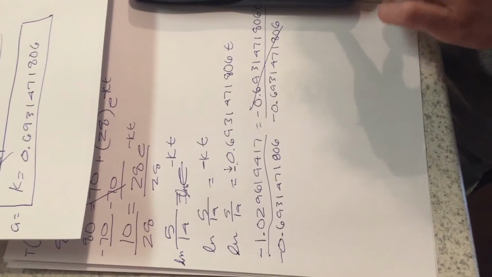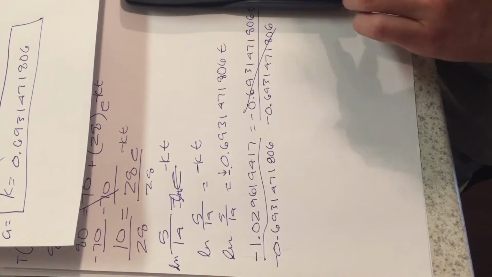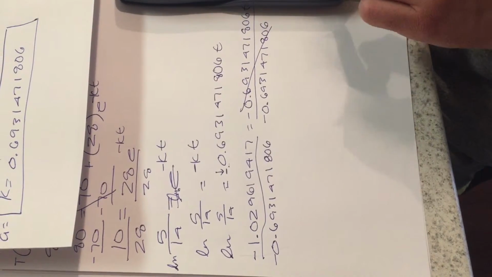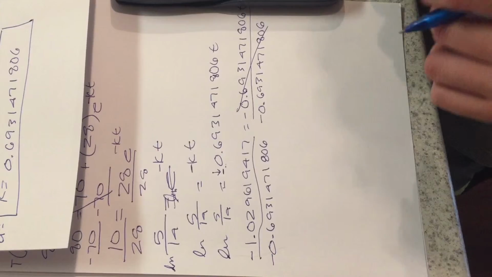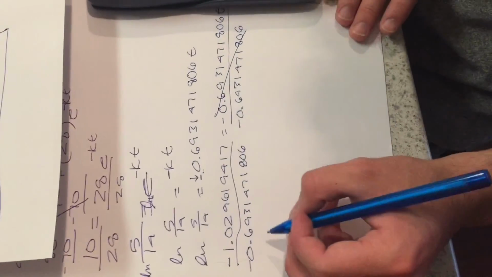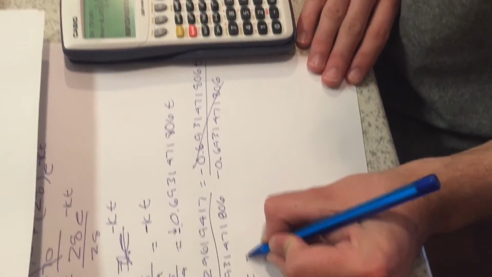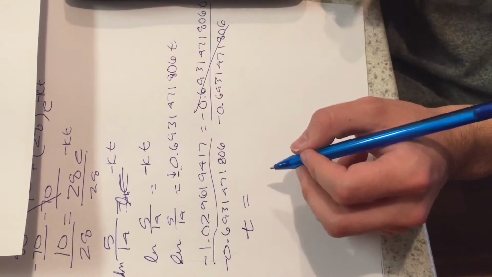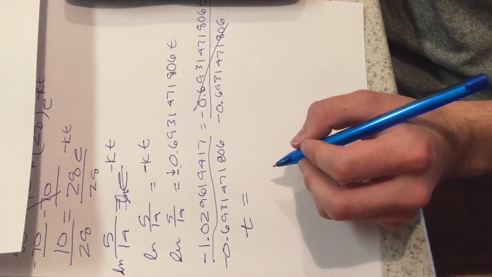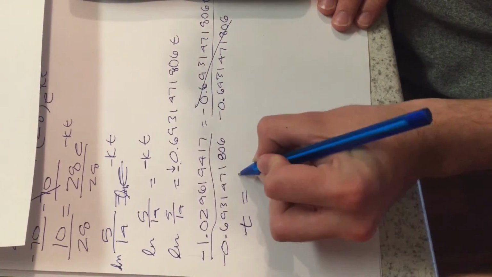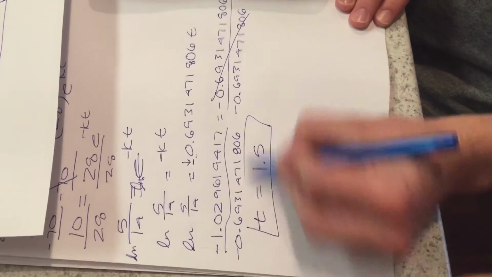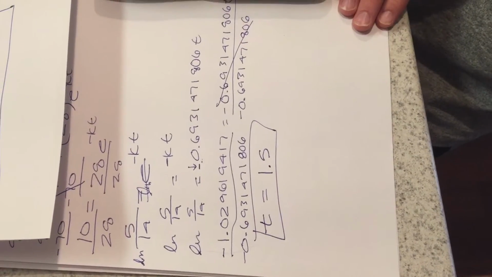Negative 0.6931471806. Wham. t equals, and I'm gonna approximate this, rounding it to the nearest tenth as the instructions said, and it leaves you with 1.5. That was your time elapsed.